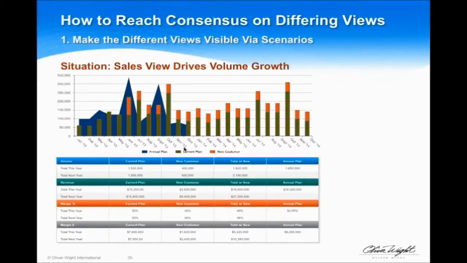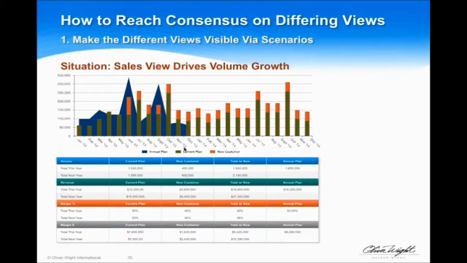And the different views, especially if they're significantly different, should be presented at the demand review either to reach consensus or validate the consensus that has already been reached. Here's an example of the type of important information to bring to a demand review when there are differences of opinions or views.